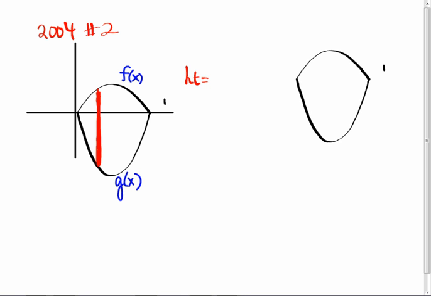Which one's bigger? It's f of x minus g of x. I don't have to break it into 2 regions, because the area under f of x is this piece, and this is 0 minus this. G of x is negative, so that's going to become positive. So the area is going to be equal to the integral of f minus g.